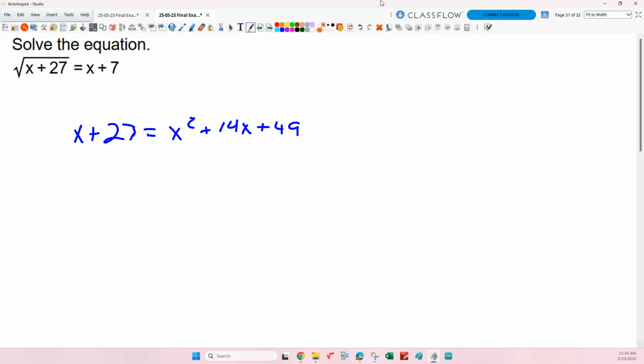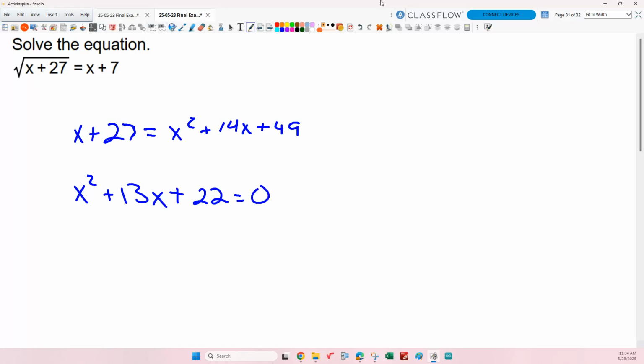Would I want to move these two over here, or would I want to move all of this to this side? Yeah, we want to keep x squared positive. So I'm going to move those over. So we got x squared plus what? Yeah, 22, equals 0.